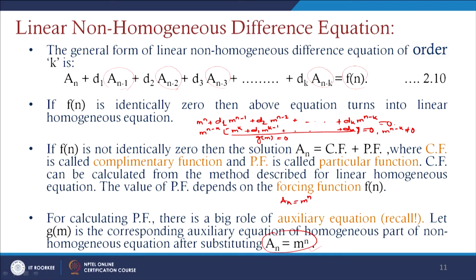Whatever the order of the equation, it involves the same number of arbitrary constants, and so does the complementary function. So the complementary function can be written as alpha_1 m_1 to the power n, alpha_2 m_2 to the power n, and likewise, since it generates a polynomial of degree k, alpha_k m_k to the power n.